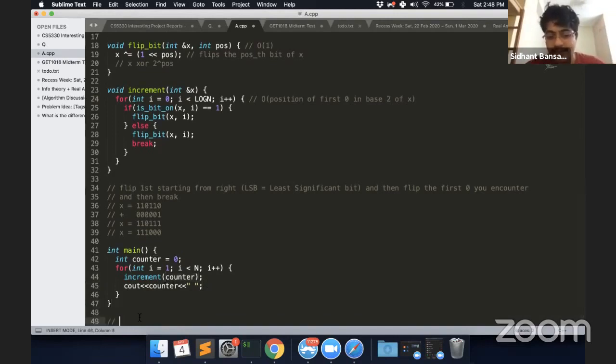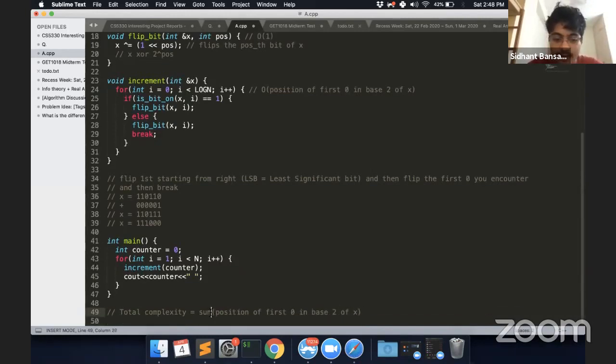So the total complexity is equal to the sum of the position of the first 0 in base 2 of x, where x goes from 1 to n minus 1.